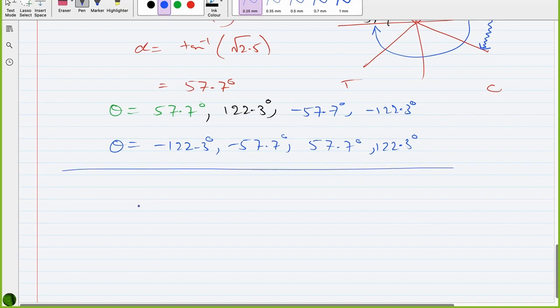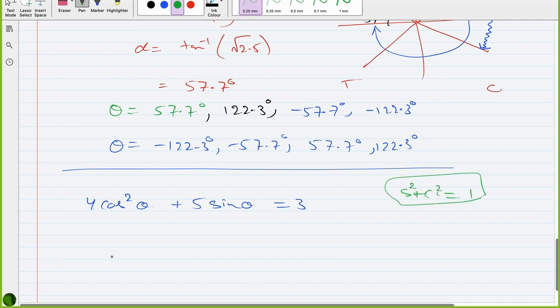Another question. It says 4 cos square theta plus 5 sine theta is equal to 3. Now we know that sine square theta plus cos square theta is equal to 1. So I can replace this cos square and convert the whole equation into sine. If I make cos square the subject, that is 1 minus sine square.